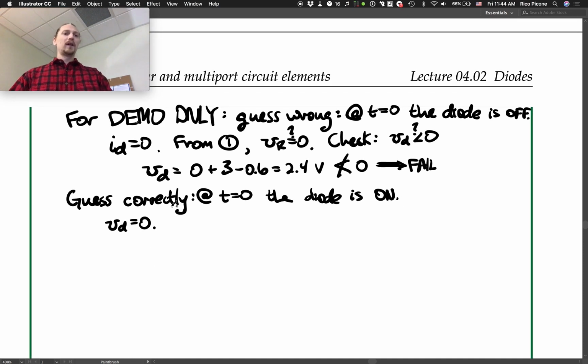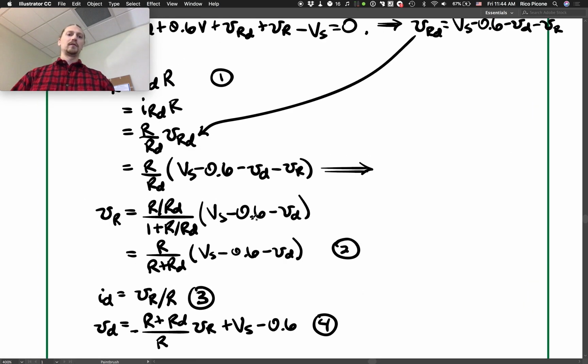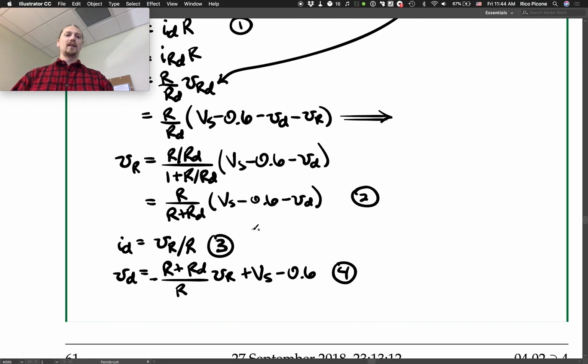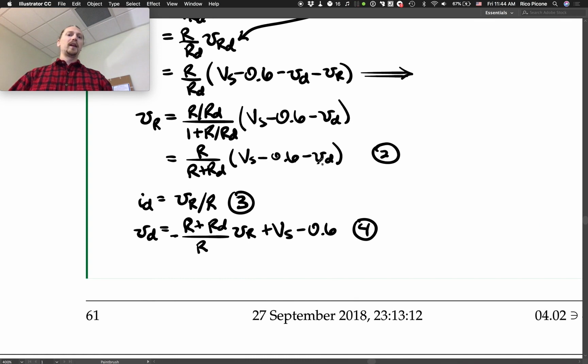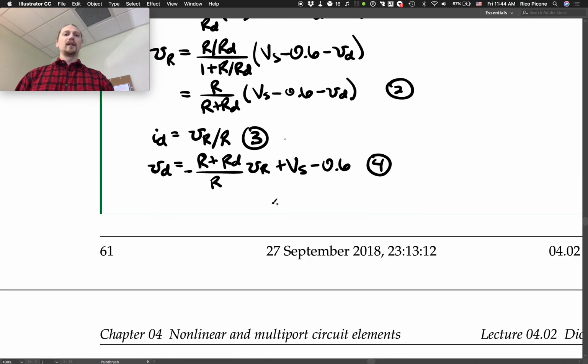But once again, we've already solved for what we need. We need VR in terms of VD. So from equation 2, which is this guy, we plug in VD equals 0, right?